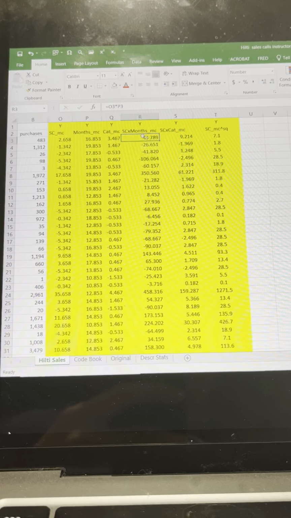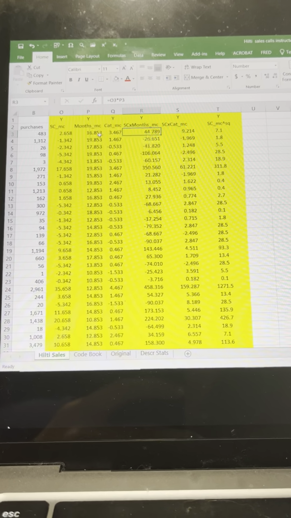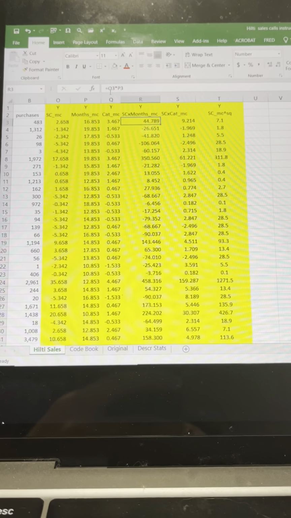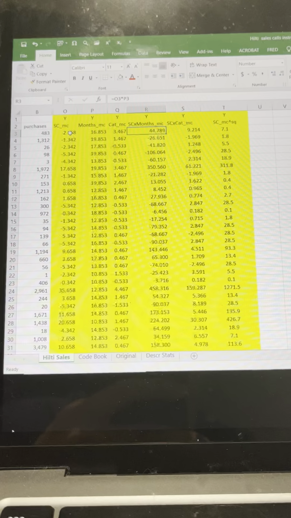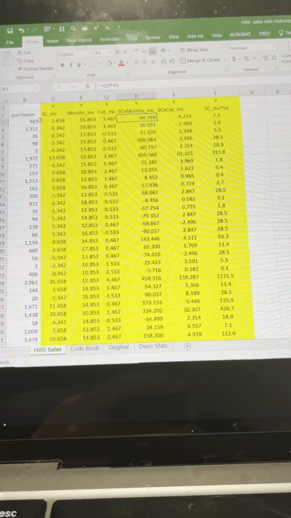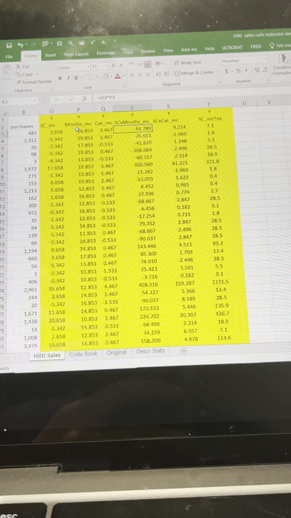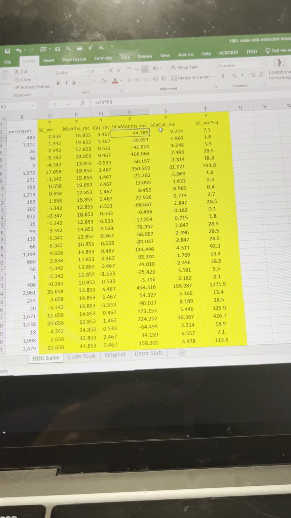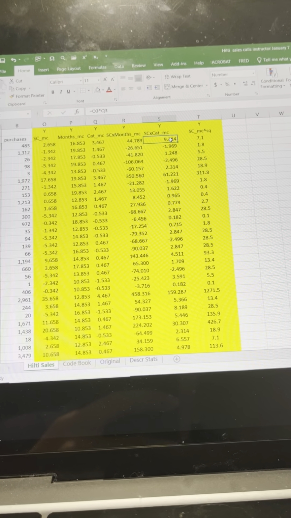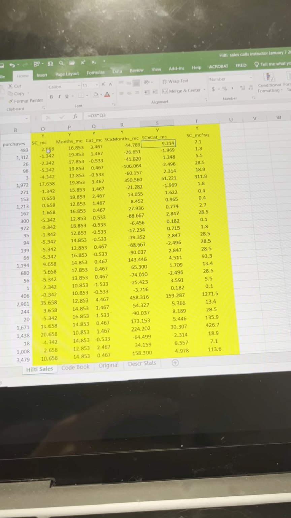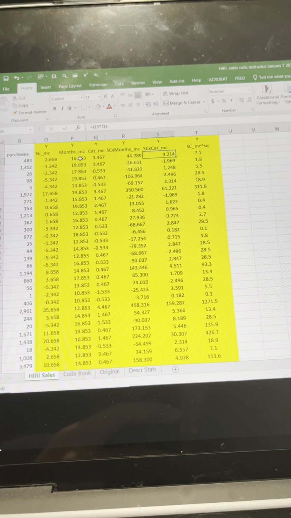So the number here, which is the product of sales calls and months, is actually the product of the number in column O and column P. It's these mean centered things. And oh, by the way, I did the same thing, sales calls times the number of categories, but when I did that product, that interaction, I used the mean centered values.